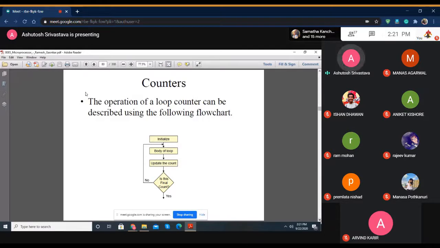So here you can see the flow chart. Please note down this.